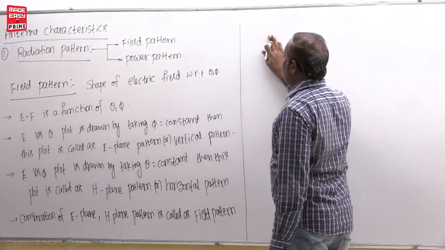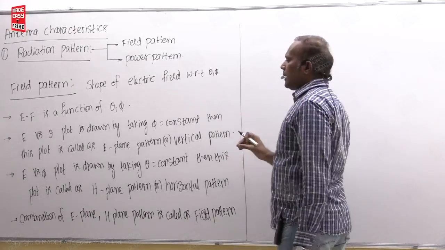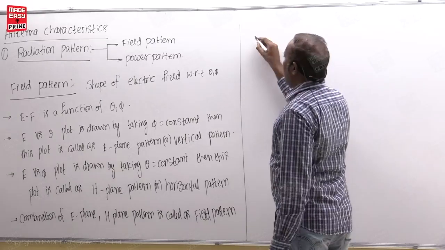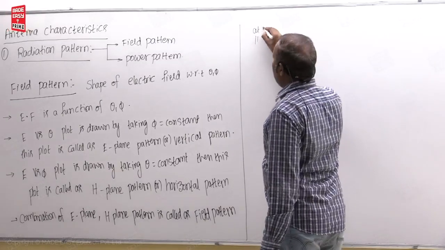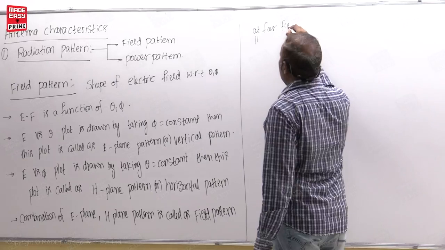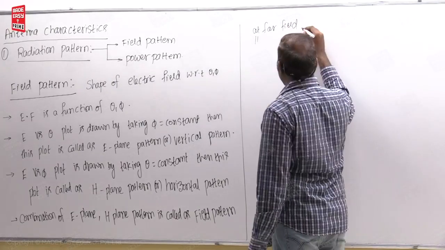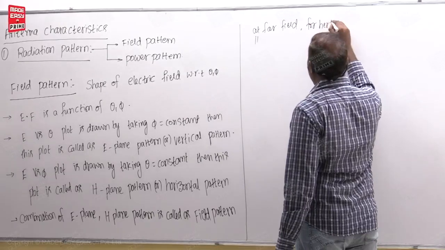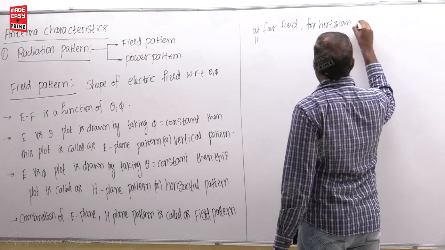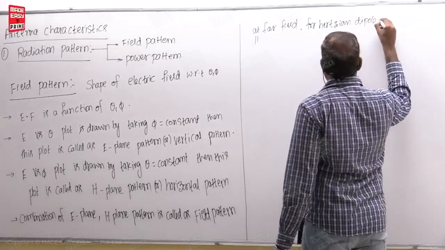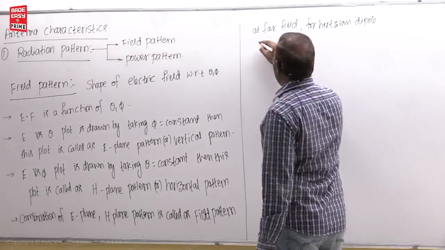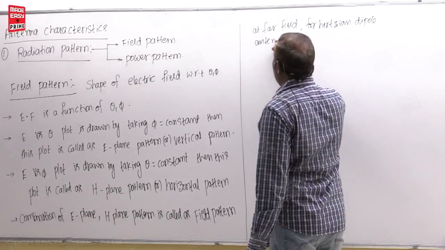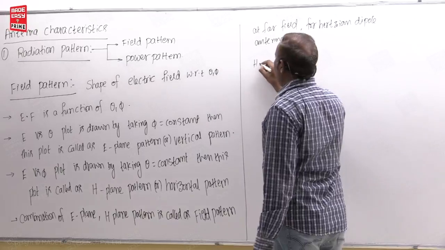Anyway, before drawing what we will do, let us write the equation at far field for Hertzian dipole antenna.